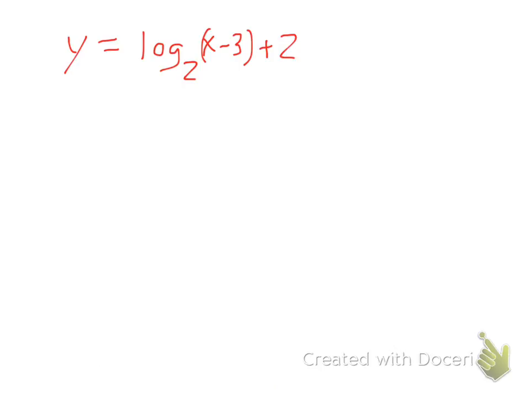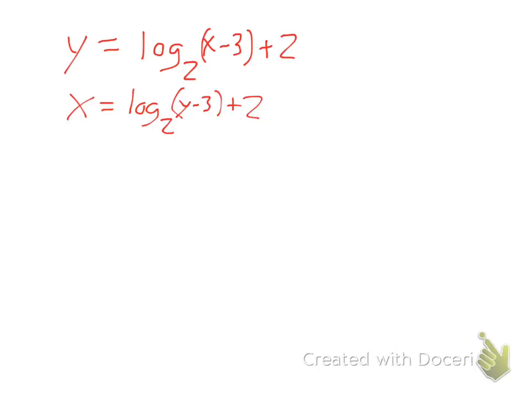So what I did here is I kicked it up just a little bit. Log base 2 of the quantity x minus 3, plus 2. I want to find the inverse of this. So number 1, switch x and y. Notice this time, though, that there is a set of parentheses with the x minus 3, which now becomes y minus 3.